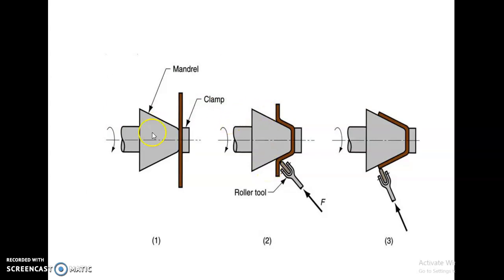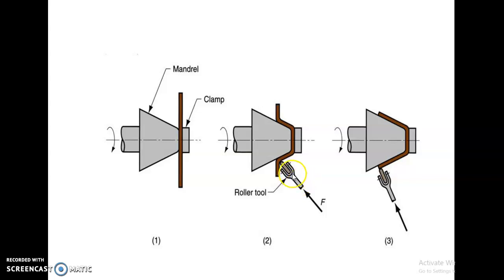So this is the step-by-step process of metal spinning. At the start, this is the disc or blank, and this is the mandrel or male form, mounted on the spindle of the headstock. The initial shape of the disc is this one, and using a roller tool, we give the pressure.